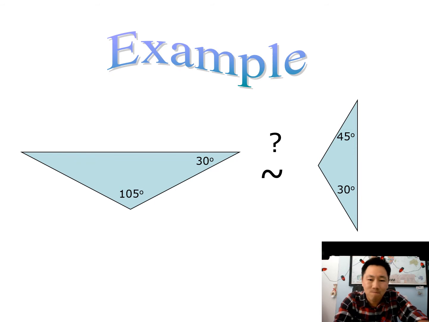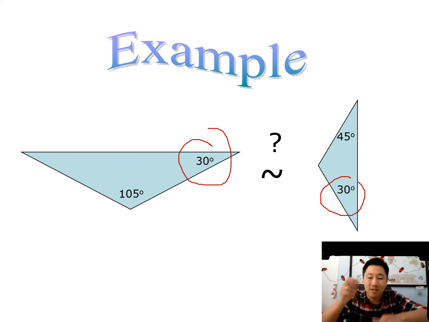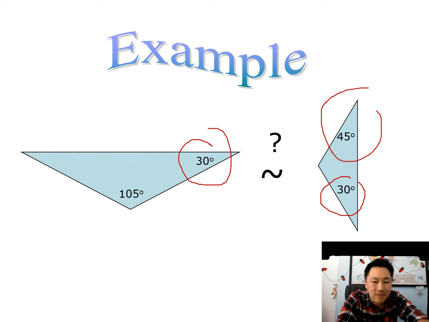Like this one. Are these two triangles similar? Well, it looks like these two angles match up, so that's good. But we need two pairs to match up, not just one. Well, what about the 45?